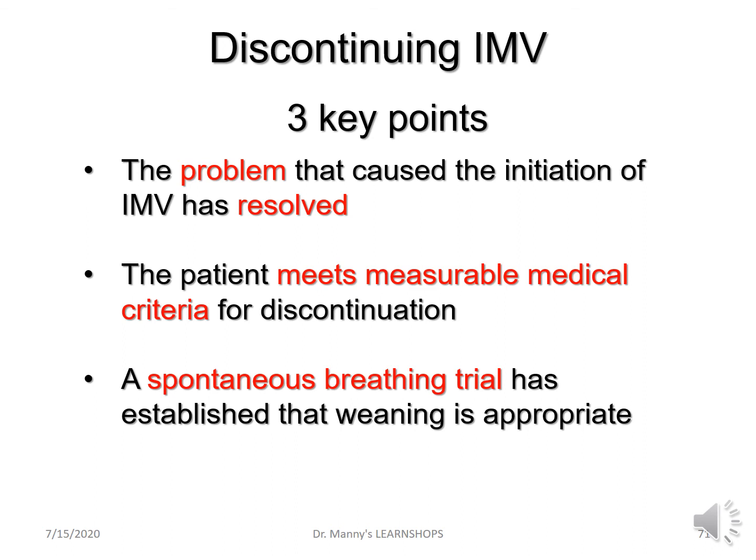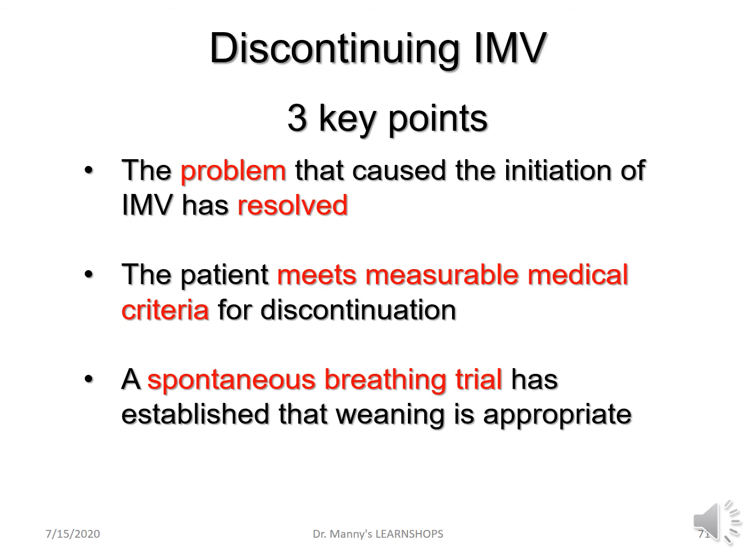Now let's consider discontinuing invasive mechanical ventilation. There are three key points from my perspective to consider. The problem that caused the initiation of the invasive mechanical ventilation has resolved.